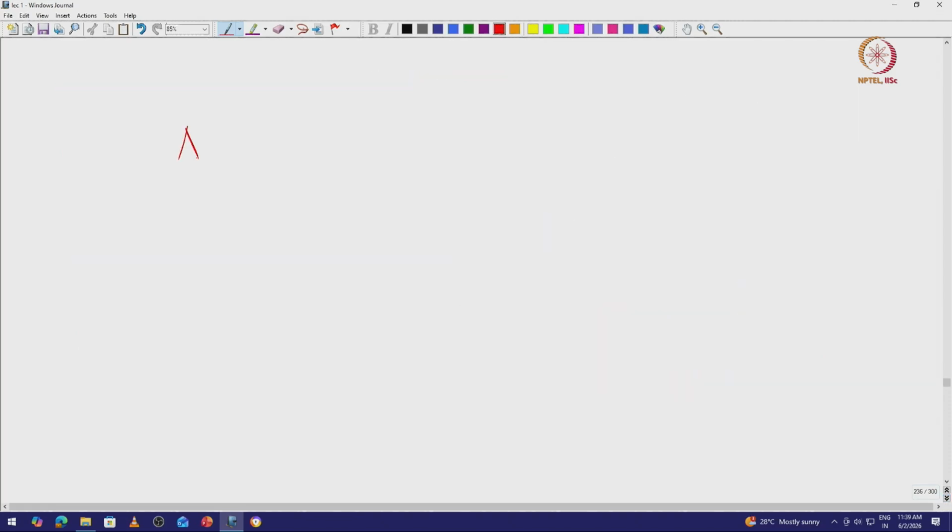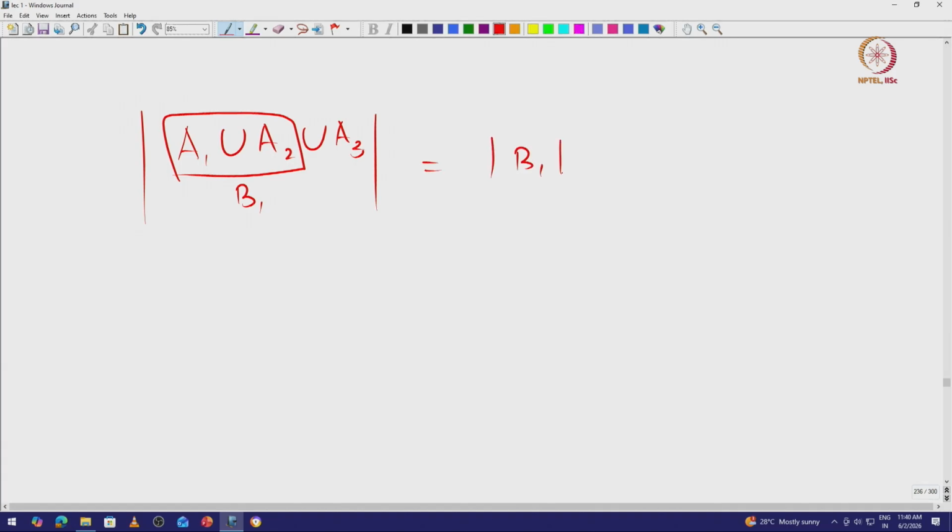If we take A1 union A2 union A3, then we can club the first two and call it B1. Then the cardinality of this is going to be the cardinality of B1 plus the cardinality of A3 minus the cardinality of B1 intersection A3.